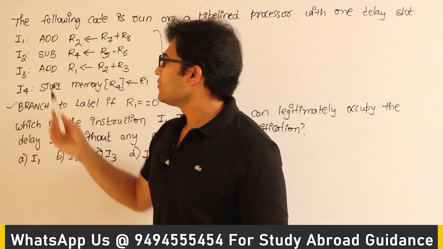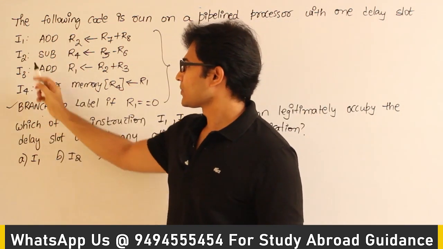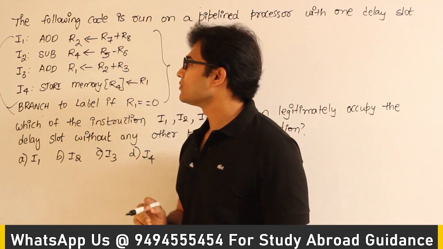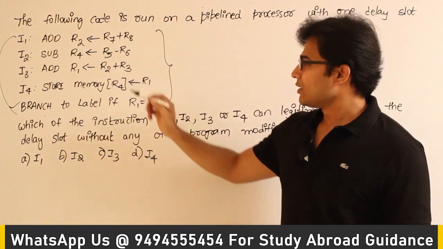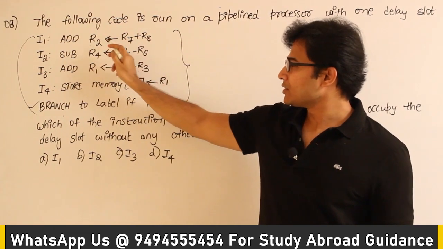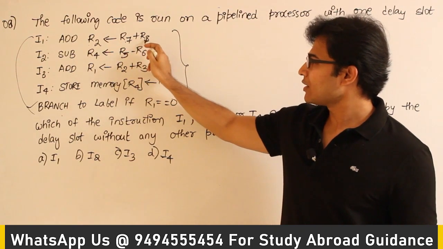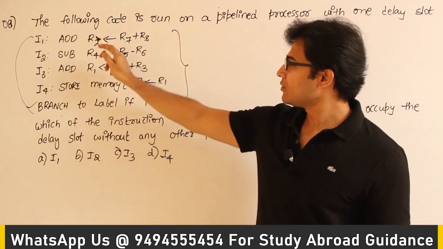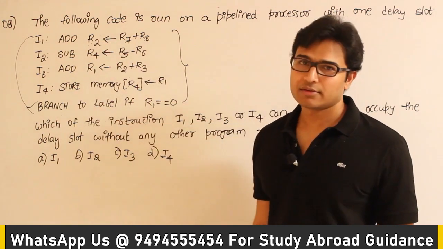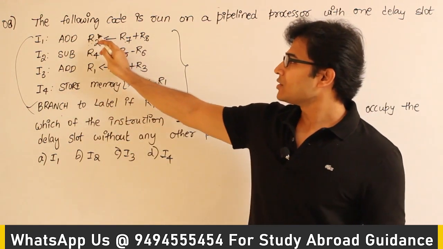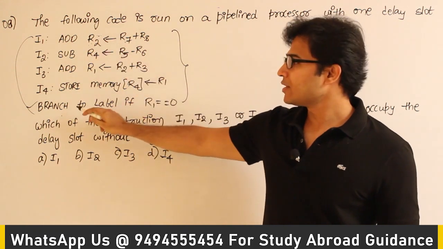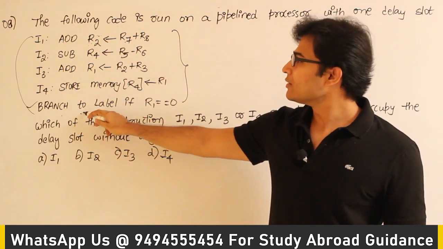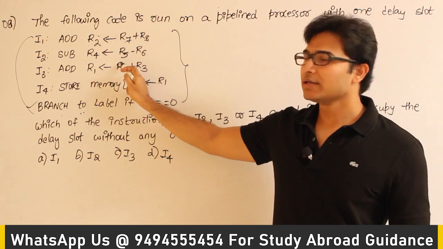If you try to move I1 from here, this is an add instruction, R7 and R8 are added and then stored in R2. Now if you try to move this instruction here, the actual value of R2 will only be available at this point, but the value of R2 is needed here.